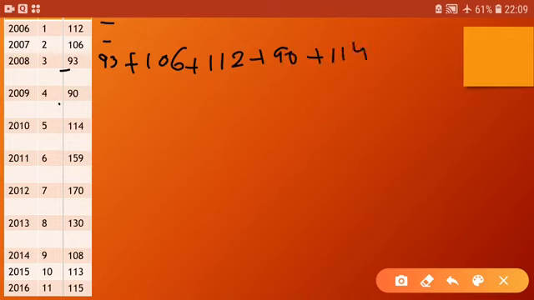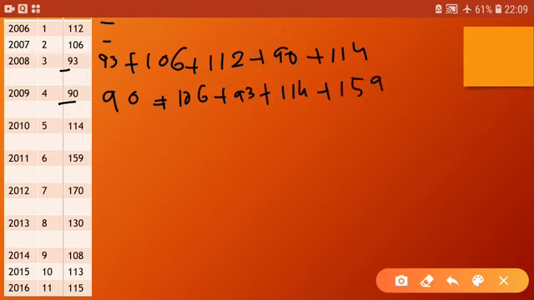Okay, in next year I will take 90, then 2 up 106 plus 93, then 2 down 114 plus 159. Yes, it will be like this.